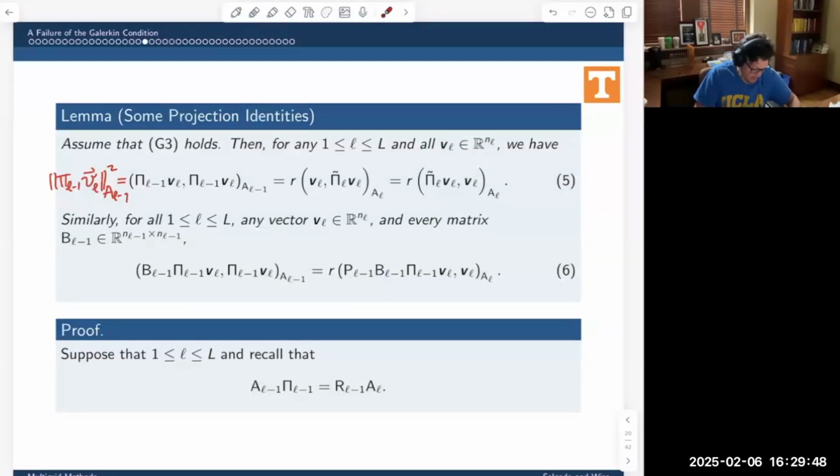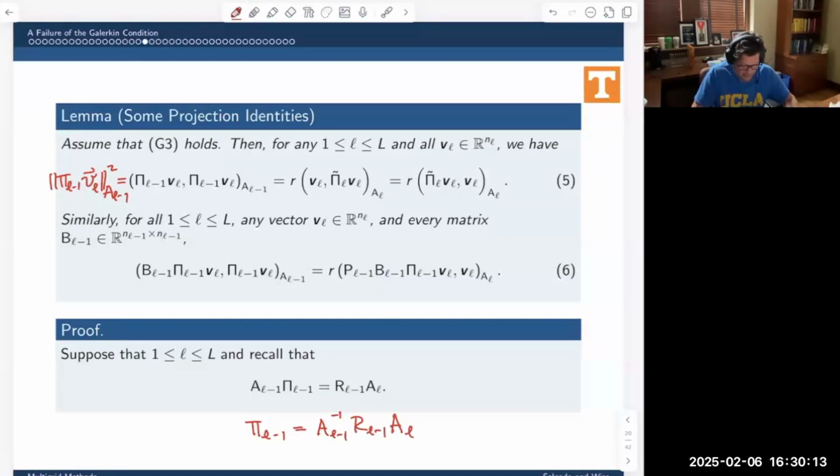Now let's first start by recalling a definition. You might recall this thing defined in the following way: pi_{l-1} is equal to A_{l-1} inverse R_{l-1} A_l. That definition is rock solid and always true.